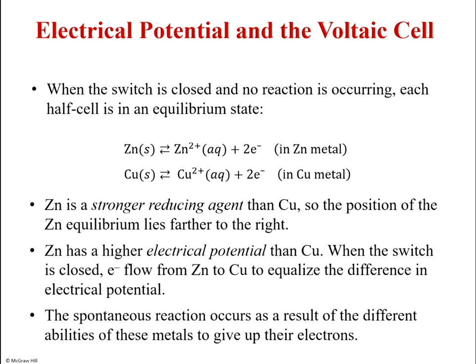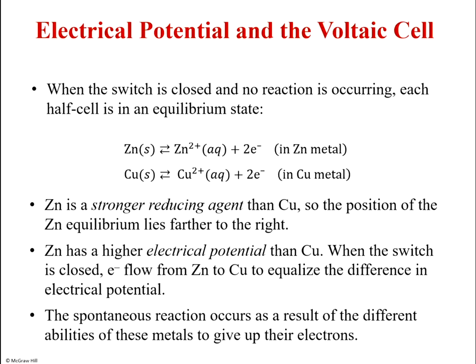Next, we can look at the electric potential. Before a reaction is occurring, if we let the reaction go to an equilibrium state, we can look at our zinc and our copper reactions. So zinc can go to zinc 2 plus and electrons, and copper can go to copper 2 plus and electrons.